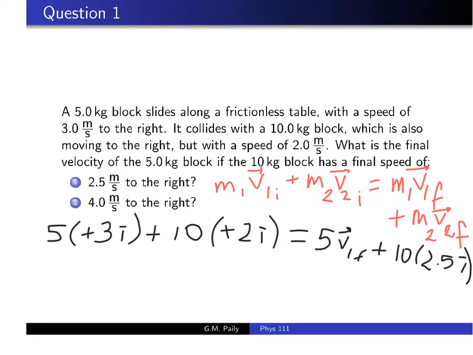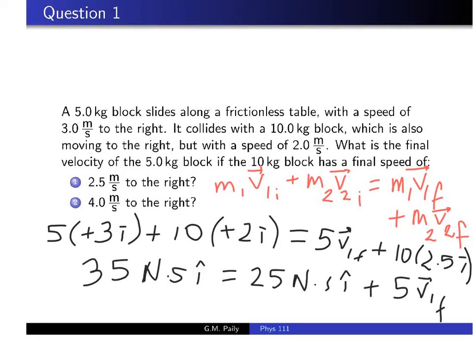All right, simplifying, we get 35 newton seconds i hat on the left-hand side, sorry. And this term simplifies to 25 newton seconds i hat. So solving for v1 final, we see that v1 final in the first case is 2 meters per second i hat. So the 5 kilogram block continues on to the right at 2 meters per second, a slower speed.